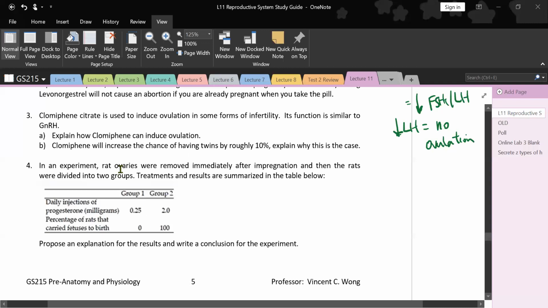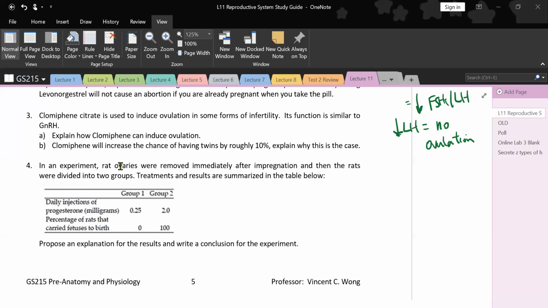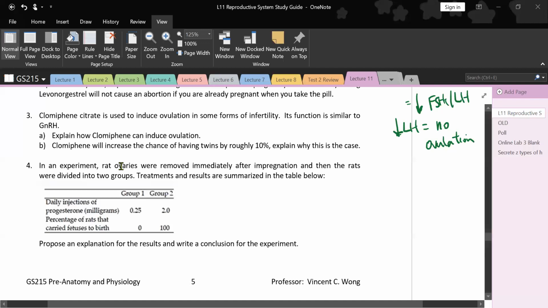Because the ovary is the source of the progesterone while we wait for the placenta to fully develop, right? Because you still need the corpus luteum to produce the progesterone while you wait for the placenta to form.